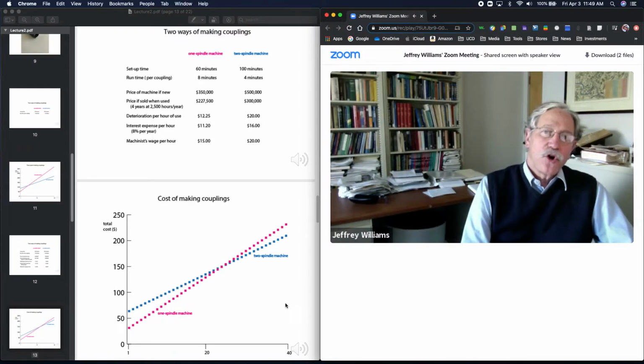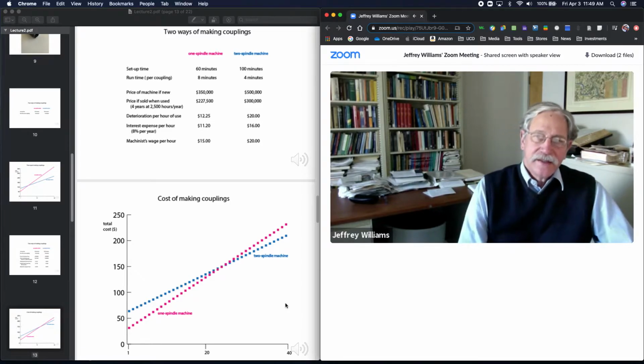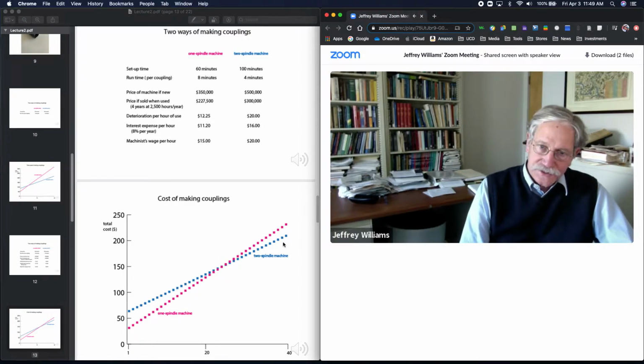When we put it in cost terms, we can notice that these lines cross at 25. If the order is 25 or larger, it should be made on the 2-spindle machine. If it's under 25, it should be made on the 1-spindle machine.